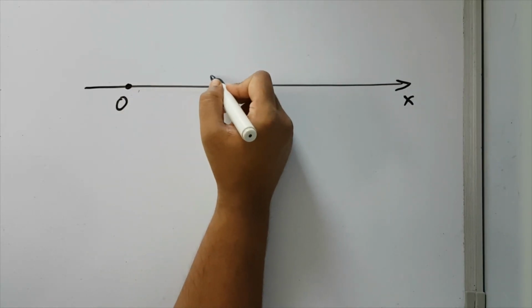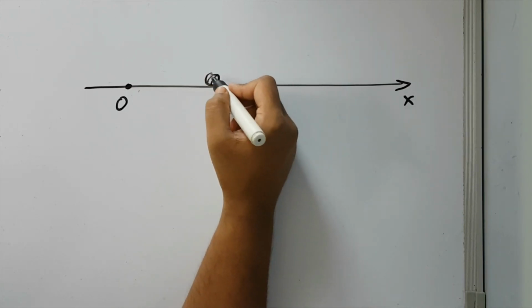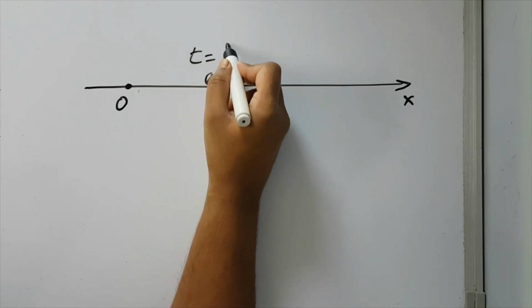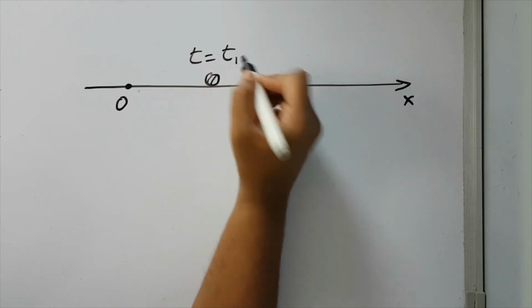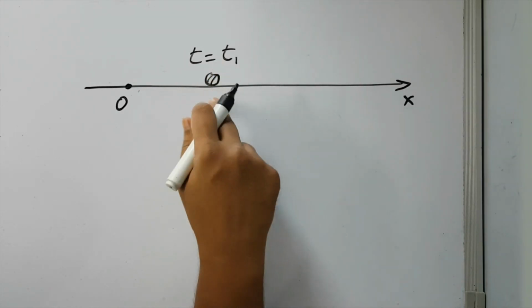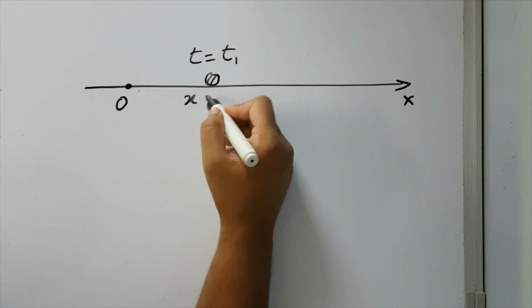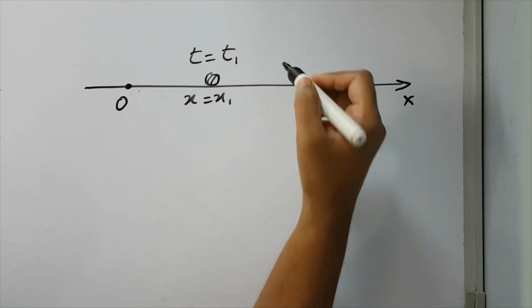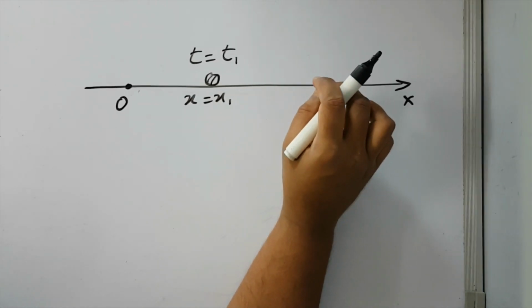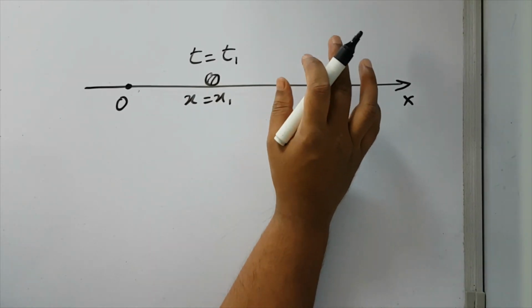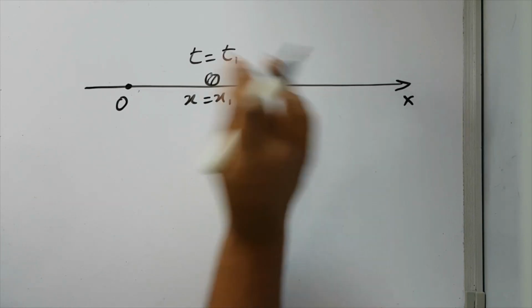So let's say the particle is at t is equal to t, or I'll call it t is equal to t1. The particle is here, and let's call this x is equal to x1, and I'm going to change the time by a very, very small amount.